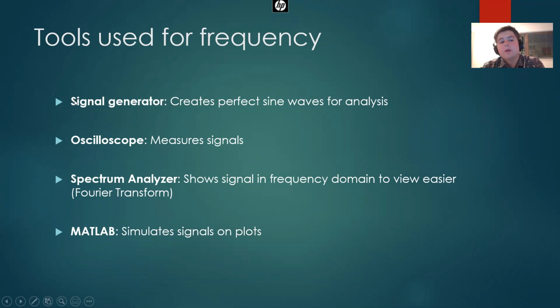A signal generator creates a perfect sine wave. So these are very helpful for building anything audio related, especially guitar pedals. Because if you want to see how the guitar pedal is operating, you don't want to play a guitar through it to test the circuit, because a guitar picks up a bunch of different frequencies.